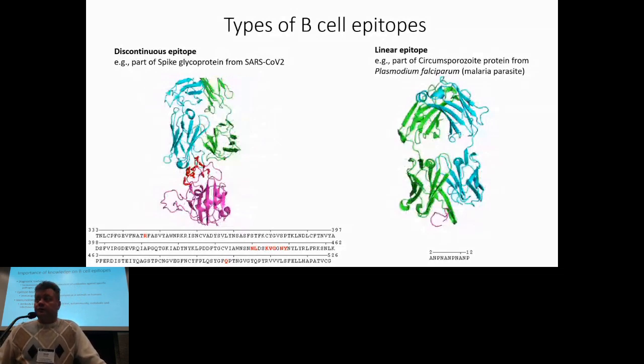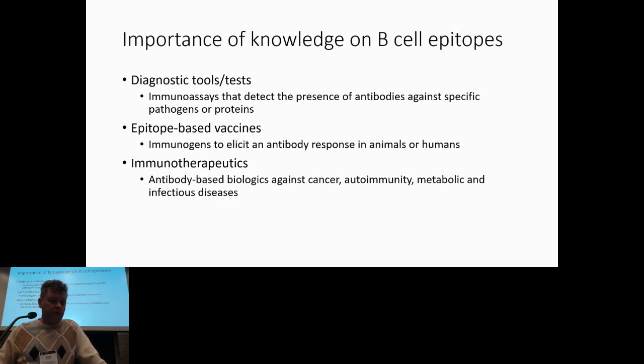I guess the recent story is the COVID-19 epidemic. There are tests that are antibody based, which show whether your blood or circulating fluid already has antibodies against the virus. Another direction is developing epitope-based vaccines, and the last one is designing antibody-based biologics that attack either pathogens or cancerous cells.